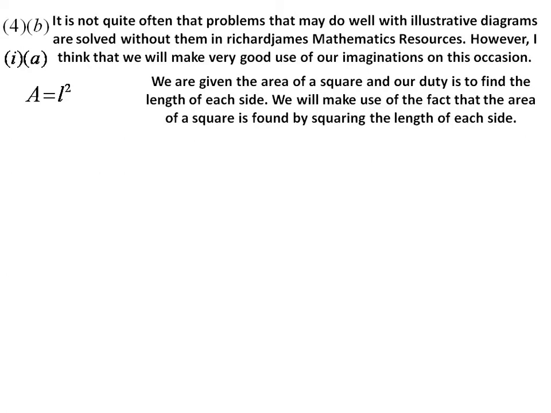The square is a rectangle with equal adjacent sides. Therefore, since all sides are equal, the length multiplied by width, the length and the width are equal. We have the area is equal to the square of the length.